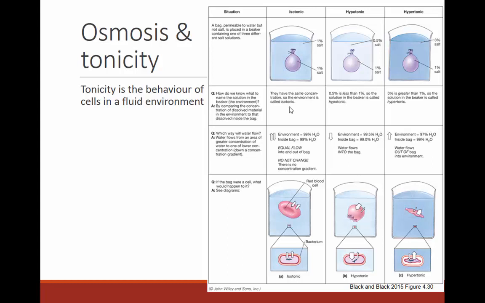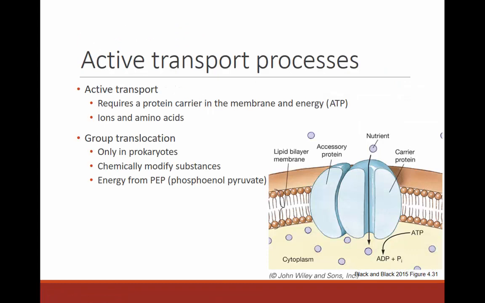It won't shrink, it won't explode. A really nice example is a red blood cell: if you put it in isotonic saline, it won't change shape. If it's in a hypotonic solution, it will enlarge and probably explode. And in a hypertonic solution, it will start to shrink, it will crenate. So tonicity just means the shape of the cell membrane.